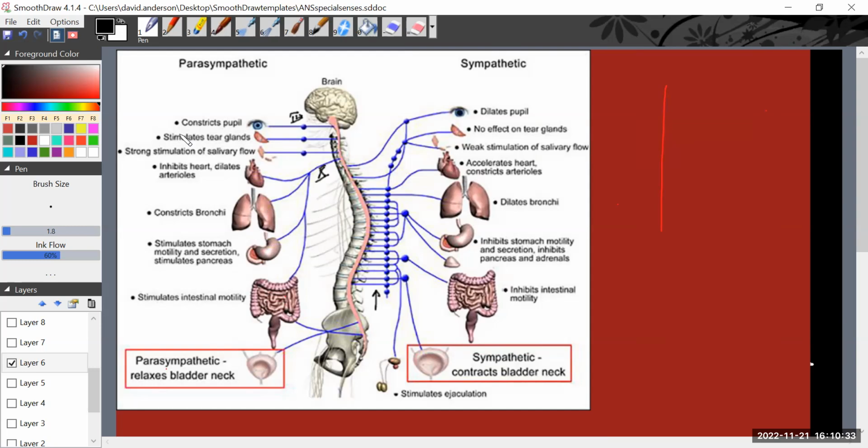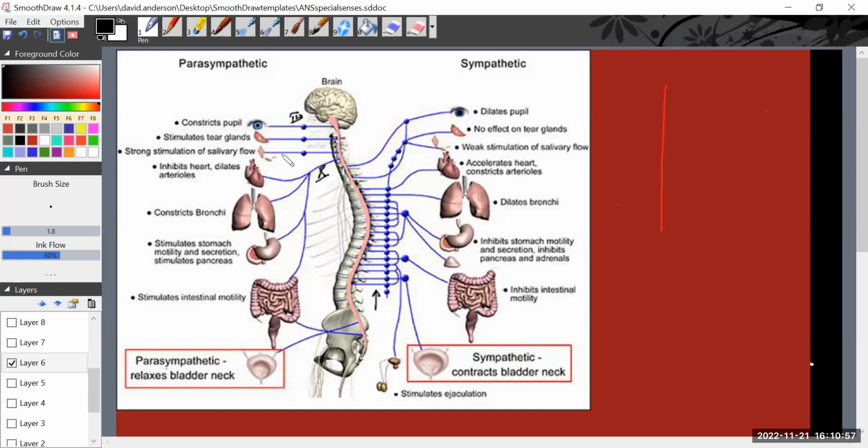I don't know how well you can read the wording on this diagram. And 9, and to a lesser degree, well, salivary glands. So that's what that other one is. They're the cranial ones that are part of the parasympathetic. Parasympathetic in this picture is on the left, and sympathetic is on the right.